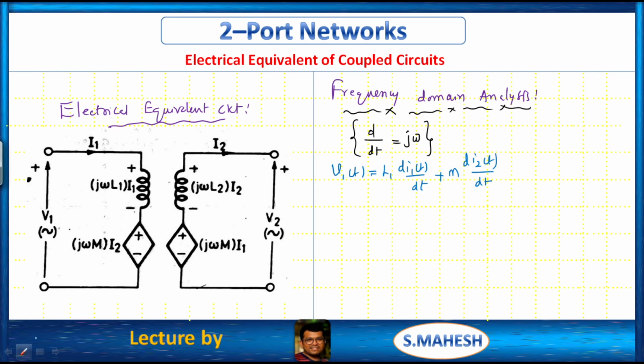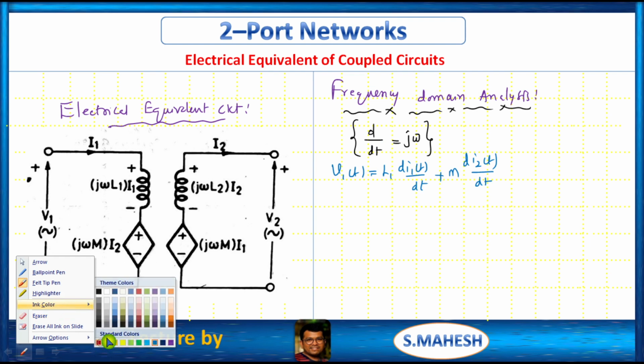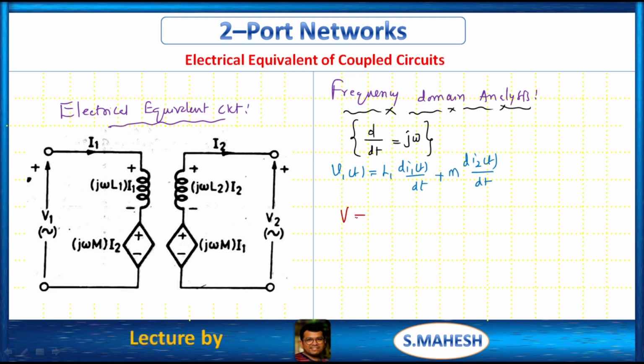Therefore V1 equals L1 into j omega I1 plus M into j omega I2. We have this equation, right? Similarly, for V2, which is nothing but what?